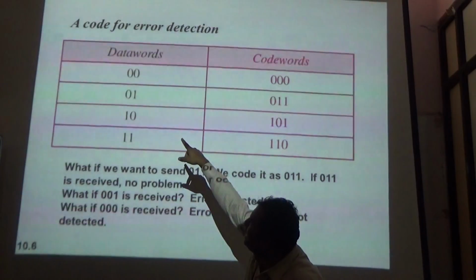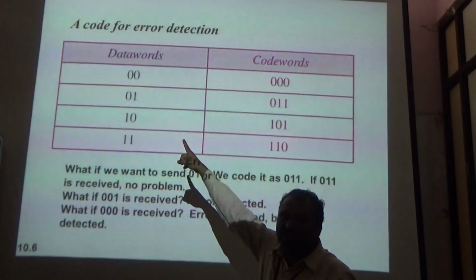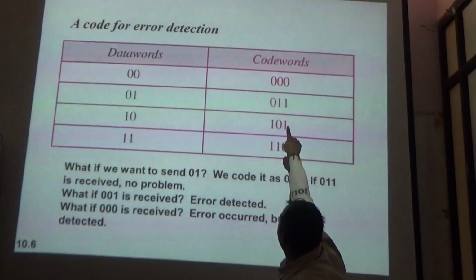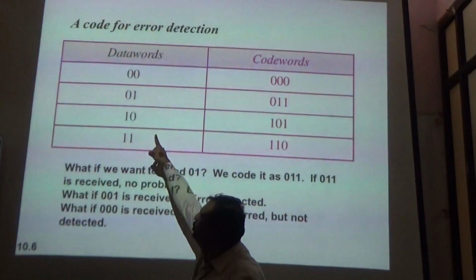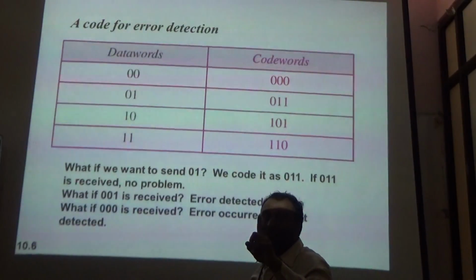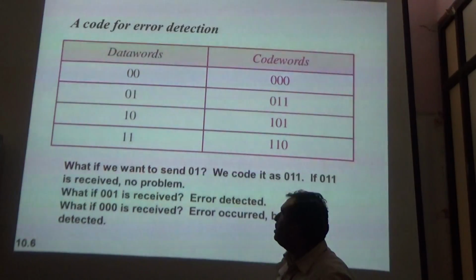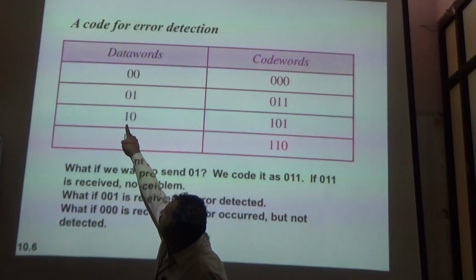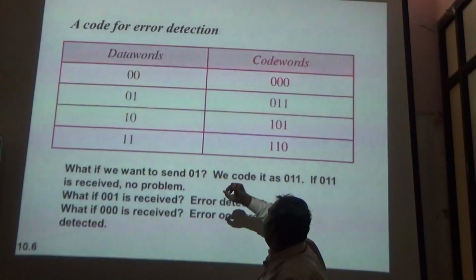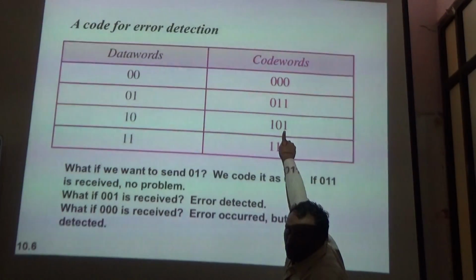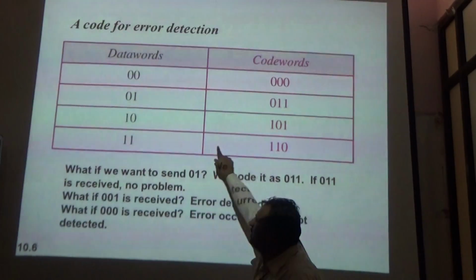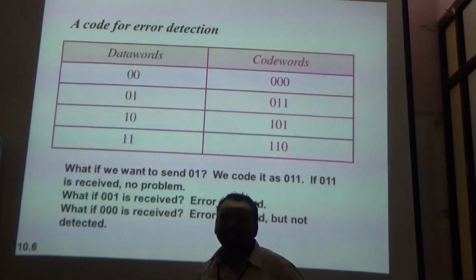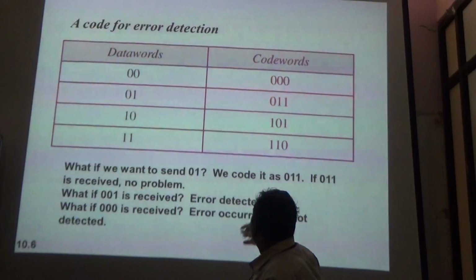Now here the first data is 00, so the number of ones present is 0, so we will go ahead with 0. In 01, the number of ones present is 1, which is an odd number, so obviously we will add a digit 1 to it. Here also in 10, the number of ones present is 1, so as it is an odd number, we add 1. In 11, the number of ones present is 2, which is an even number, and that is why 0 is added.